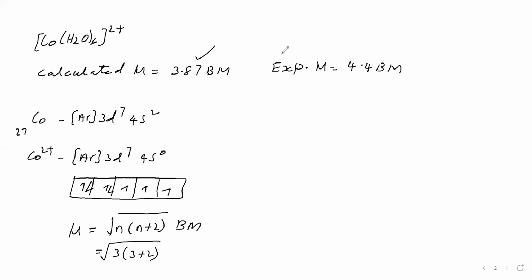Next, we will go for the complex forming ability of d block elements. The d block metal ions, the transition metal ions, form many complexes. Why?